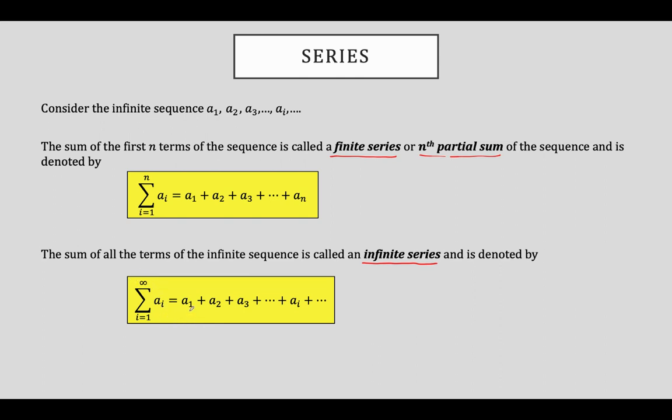And this would mean we would take the first term plus the second term plus the third term plus every other term in between, and we would be adding up an infinite number of terms. Notice that we have this dot dot dot to represent the fact that we continue to add more and more terms together. All right, so just like we had finite sequences and infinite sequences, we have finite series and infinite series as well. A finite series means we are adding up a finite number of values. An infinite series means we are adding up an infinite number of values.